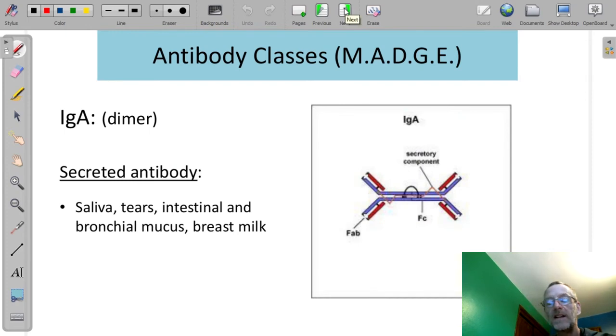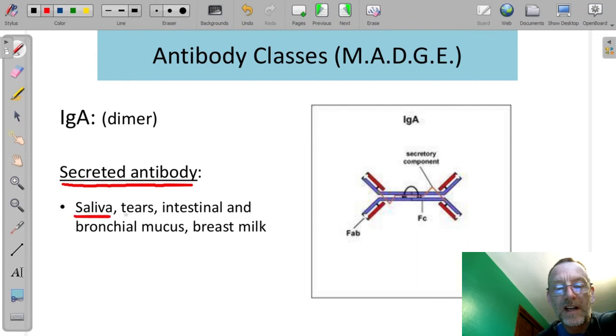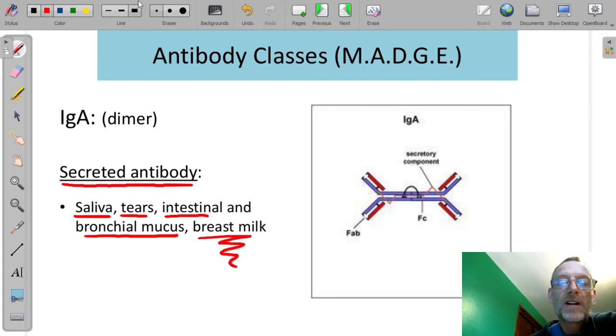IgA is sometimes referred to as a secreted antibody. So this class of antibodies shows up in the saliva, tears, the intestinal and bronchial mucus, and in breast milk, which is why breastfed babies are healthier babies.